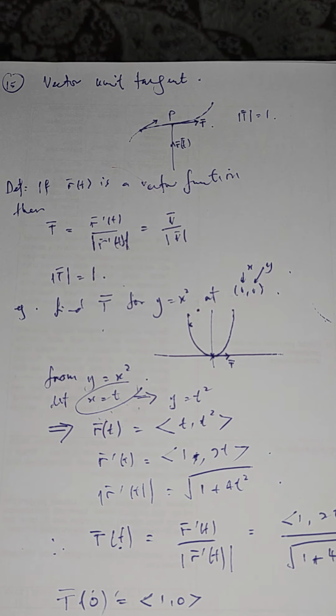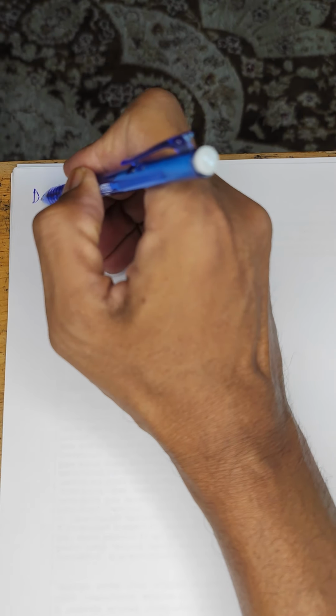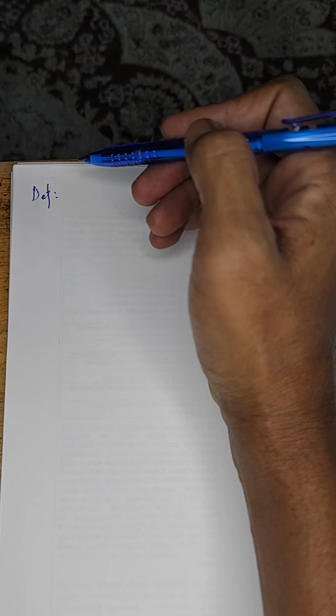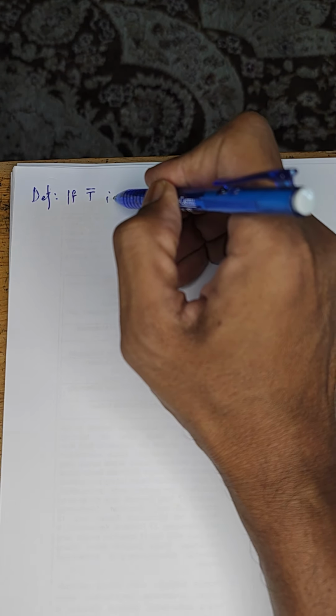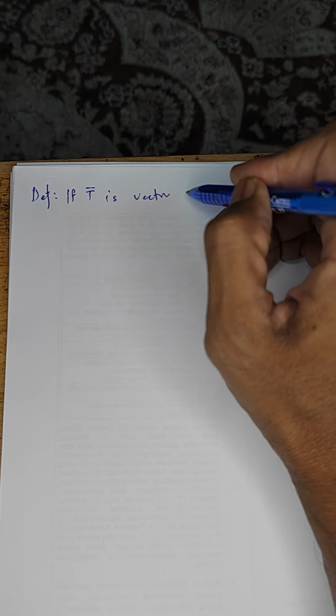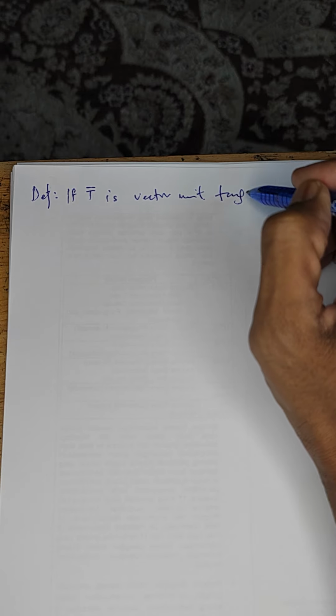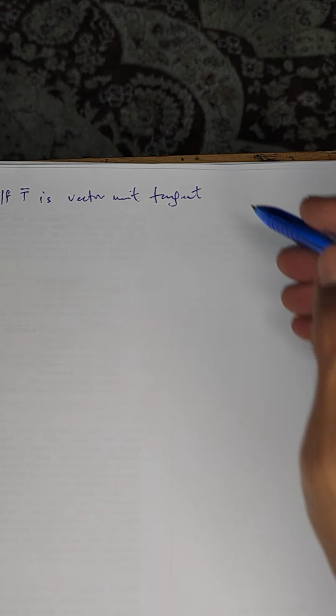Now let's come back to the curvature. Definition: if T is a vector unit tangent to the curve r, can you read this?